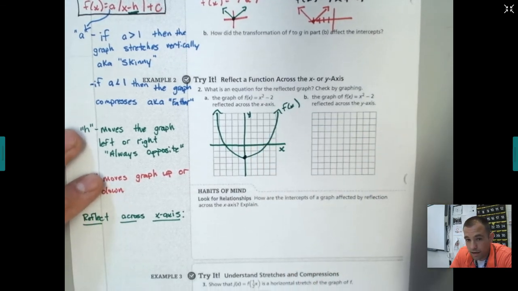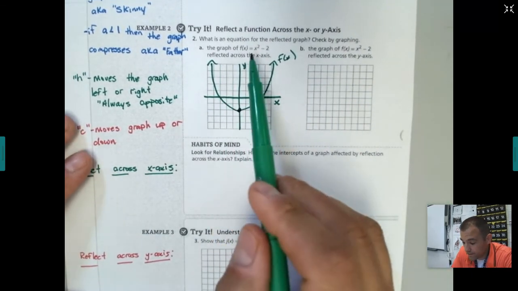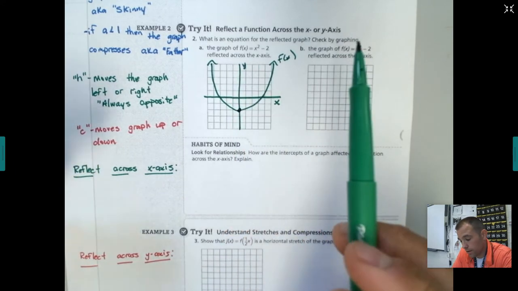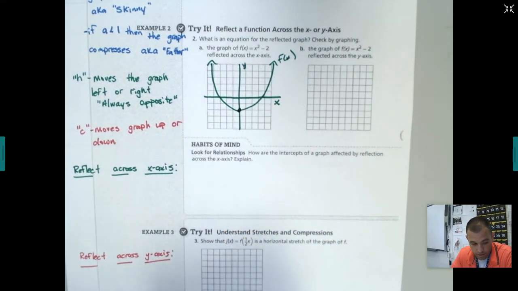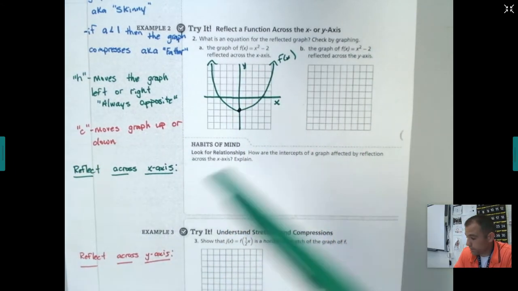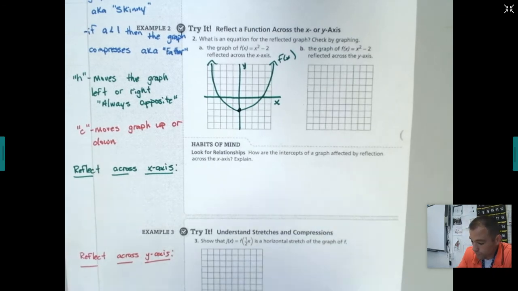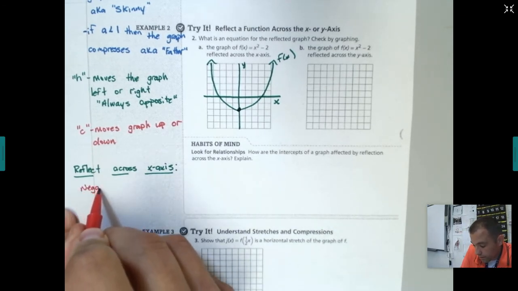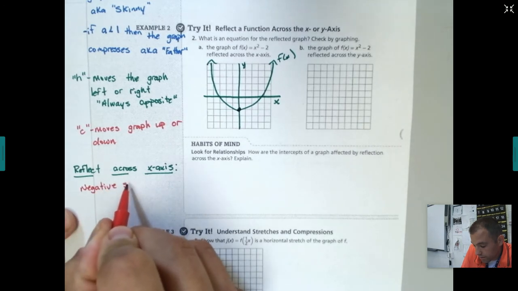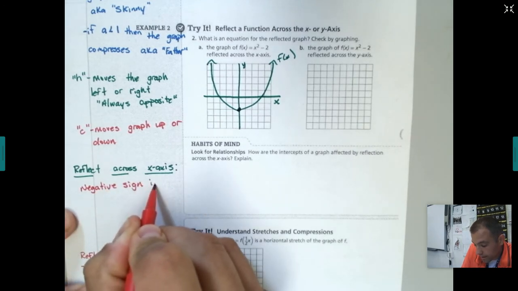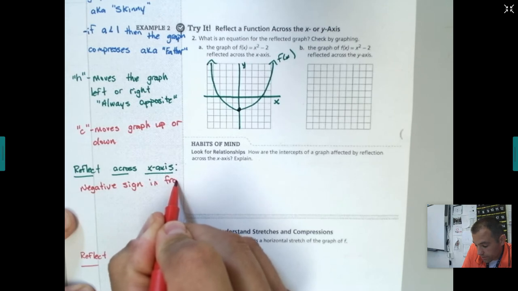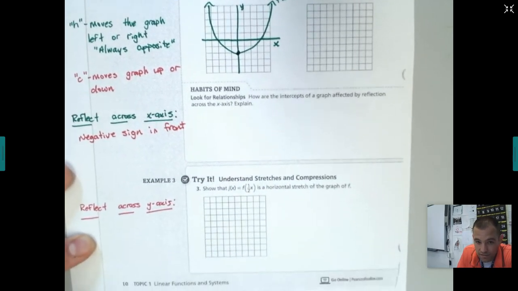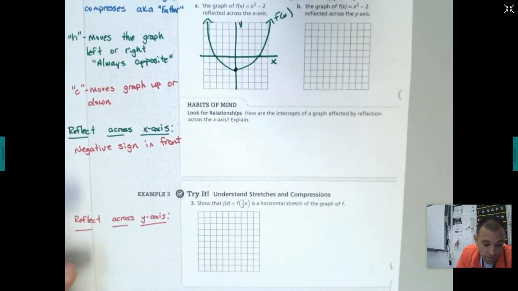Okay? Now what I want to do is I want to take this equation and I want to flip it upside down. Okay? In order to flip it upside down, we have to put a negative sign in front of the f of x.